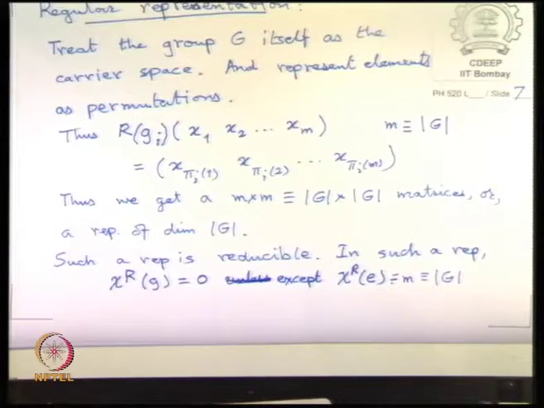Now this can also be used to prove an important result: that in this reducible representation, any particular irrep is contained exactly as many times as the dimension of that representation.